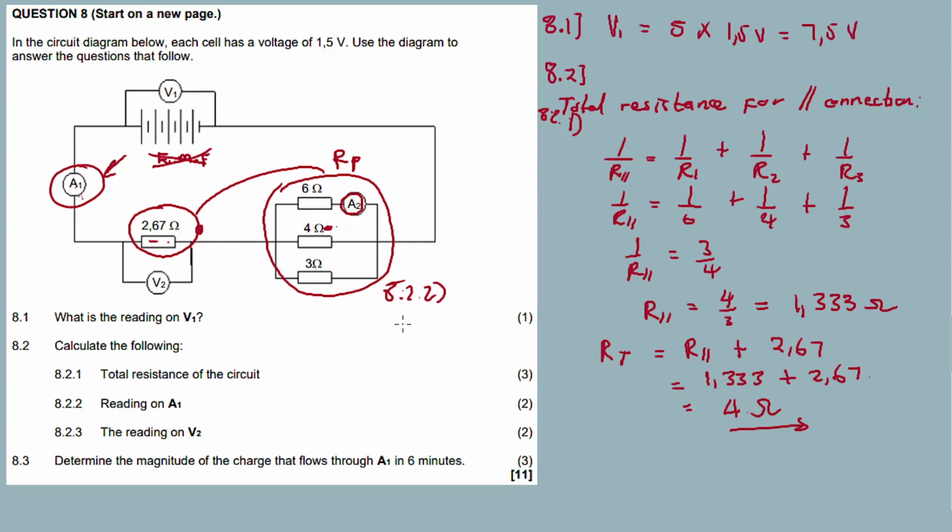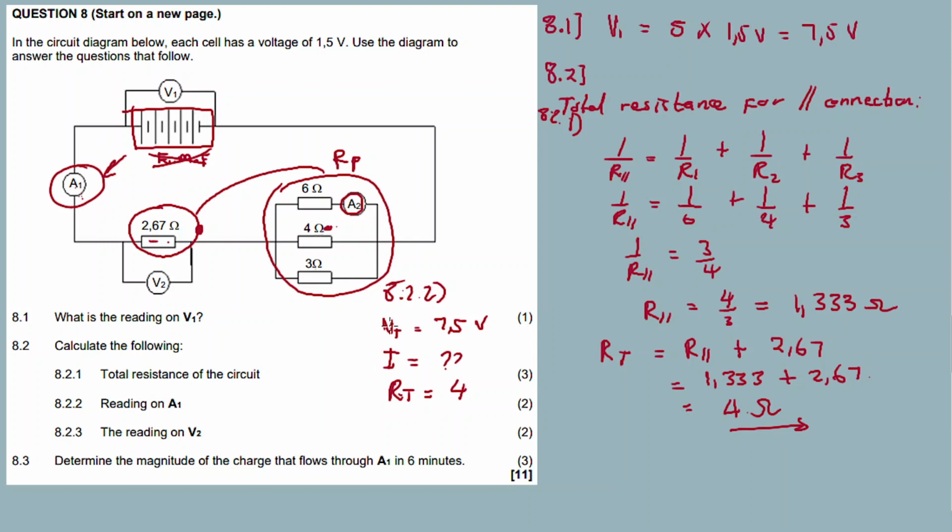So in order to calculate A1, the current flowing through the whole circuit, I need the total voltage, which is 7.5 V. The voltage for the whole circuit is 7.5. I want the current I, so apply Ohm's law. The total resistance I do have. So you need the total voltage for the circuit and the total resistance for the circuit, since I calculate the current for the whole circuit.